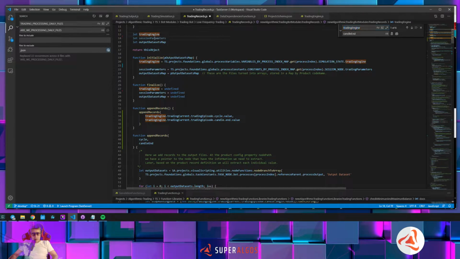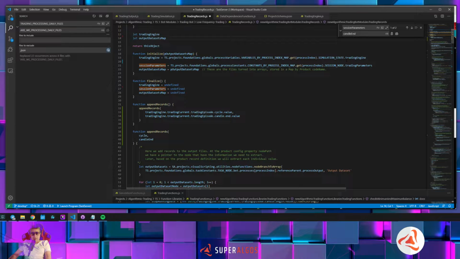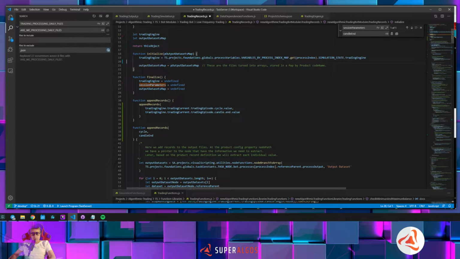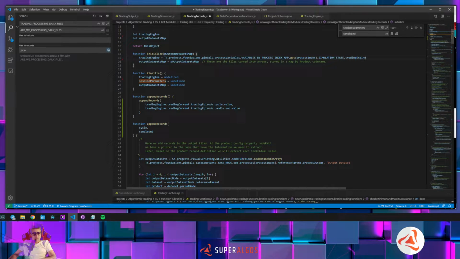Session parameters also not needed. Not needed.